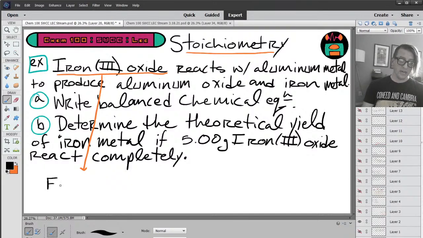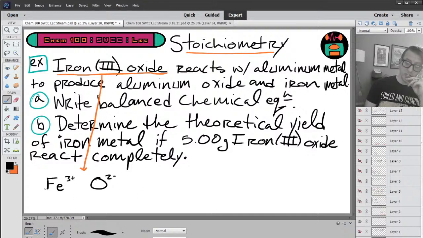In this molecule, iron has a charge of +3. Oxygen, as an anion, has a charge of -2.